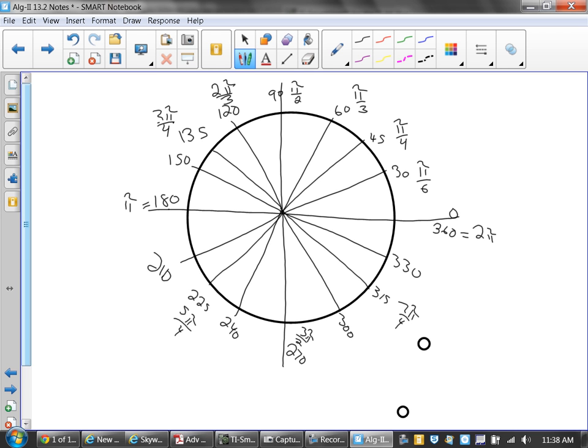This would be, remember, 1, 2, 3, 4, 5 pi over 6, 6 pi over 6, 7 pi over 6, 8 pi over 6 simplifies to 4/3 pi, 9 pi over 6, 10 pi over 6, and 11 pi over 6.